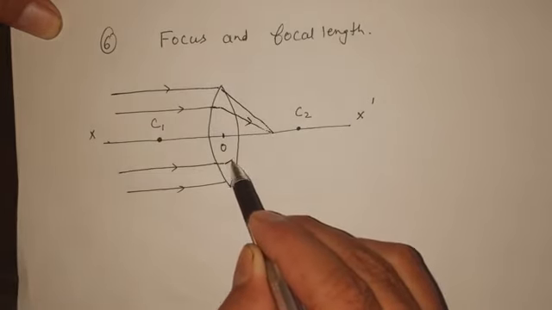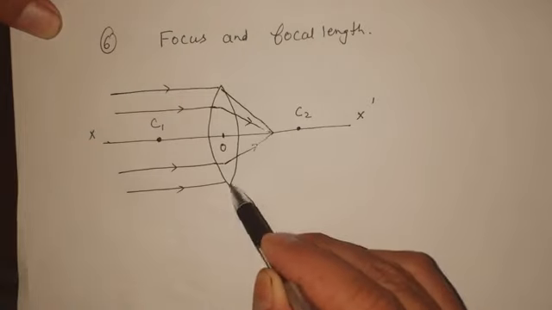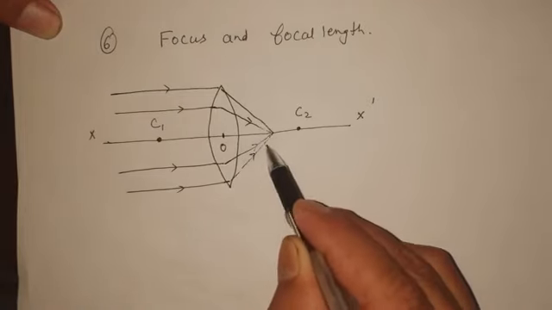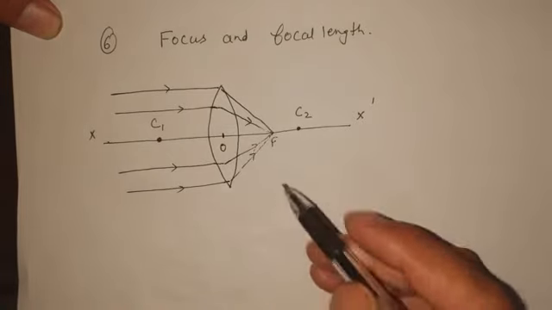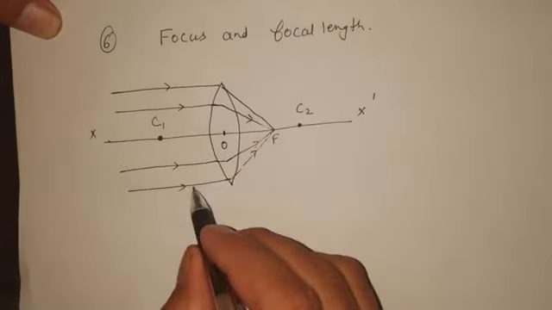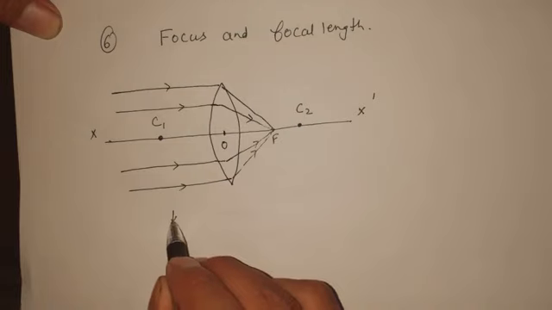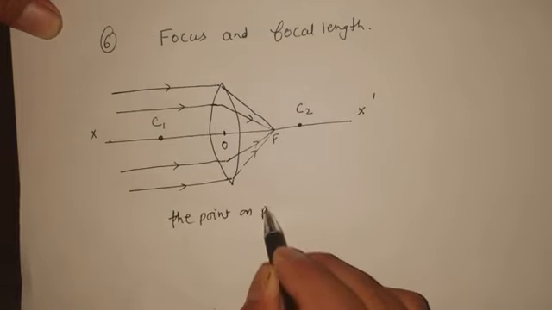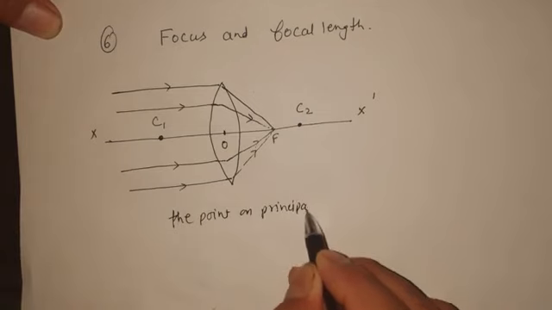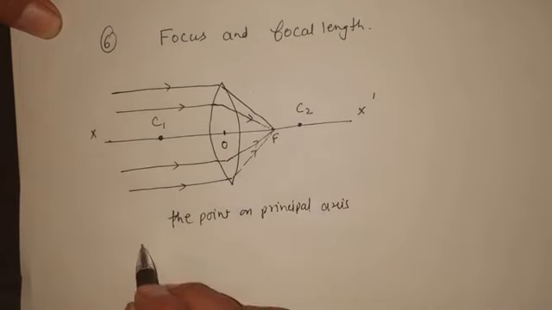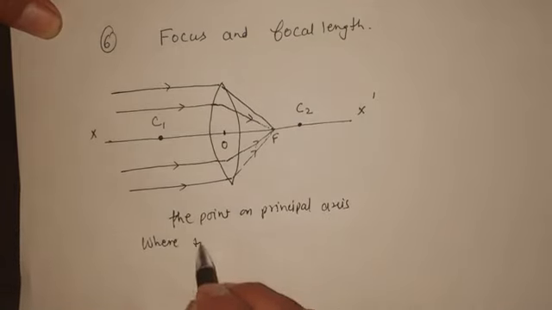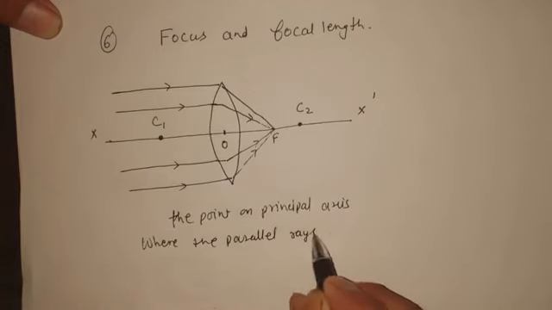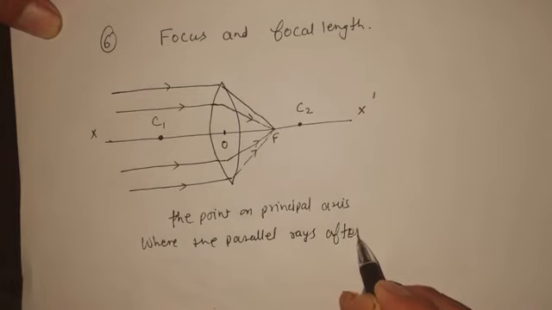Now the distance of this focus from the optical center is said to be the focal length. So what is focal length? We denote it with small f. It is the distance between O and F, the optical center and the focus.